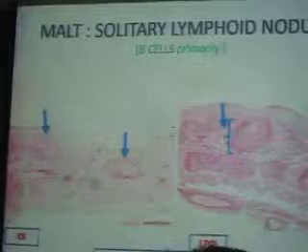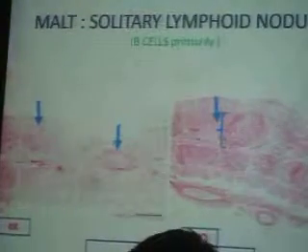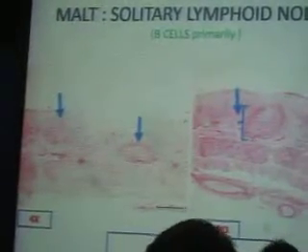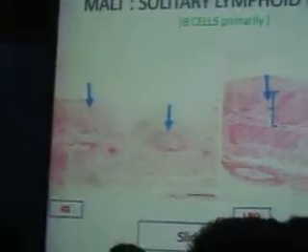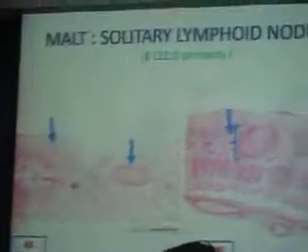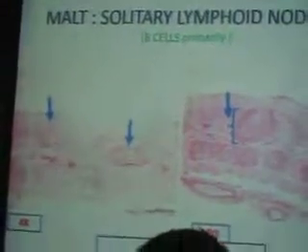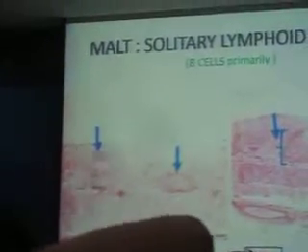Anyway, we go to your mucosa-associated lymphoid tissue, MALT. You can have GALT, BALT, bronchus-associated lymphoid tissue, GALT as in gut, referring to the gastrointestinal tract. So mucosa-associated, you have the lining of the wall.